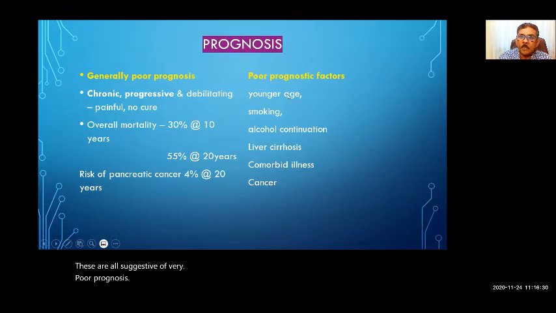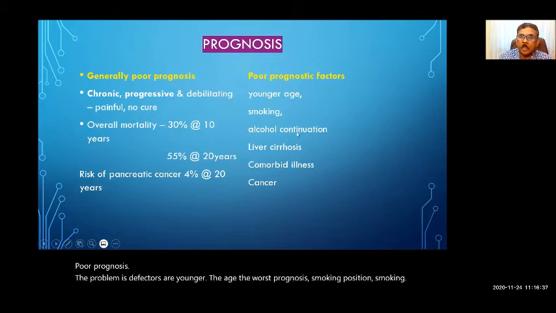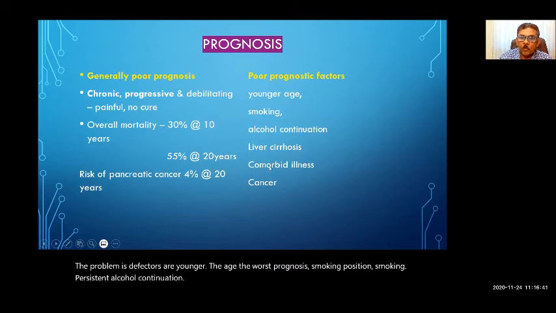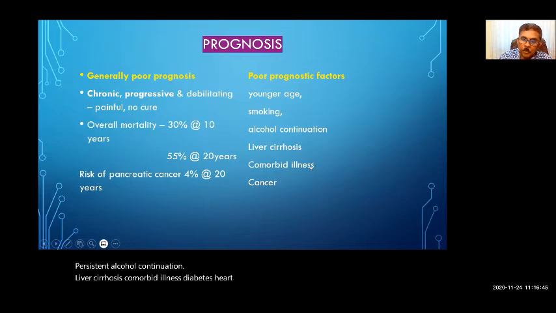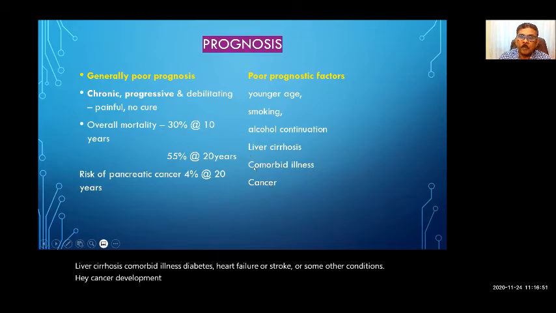The prognostic factors are: younger the age, the worse the prognosis; smoking, persistent alcohol continuation; liver cirrhosis; comorbid illness, diabetes, heart failure, or stroke, or some other conditions; and development of cancer. These are all prognostic factors that determine the prognosis of chronic pancreatitis.